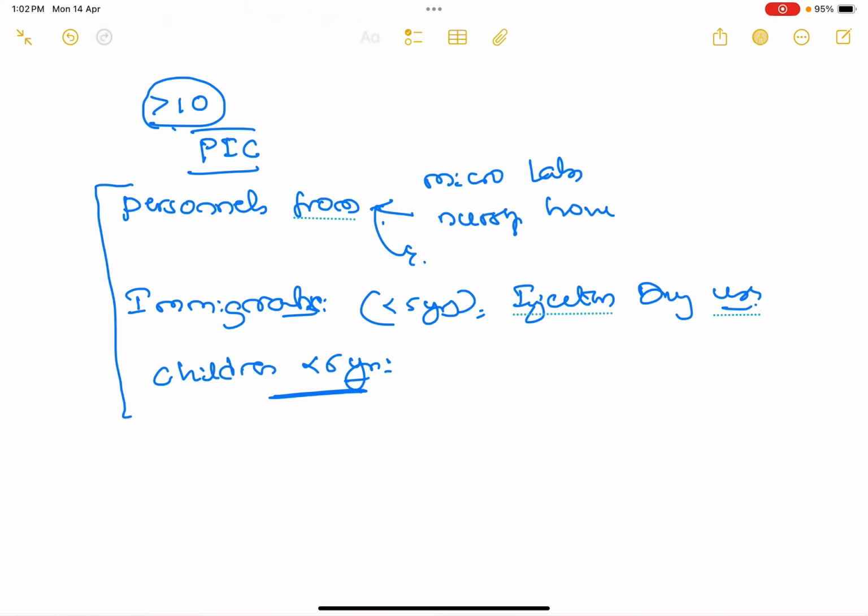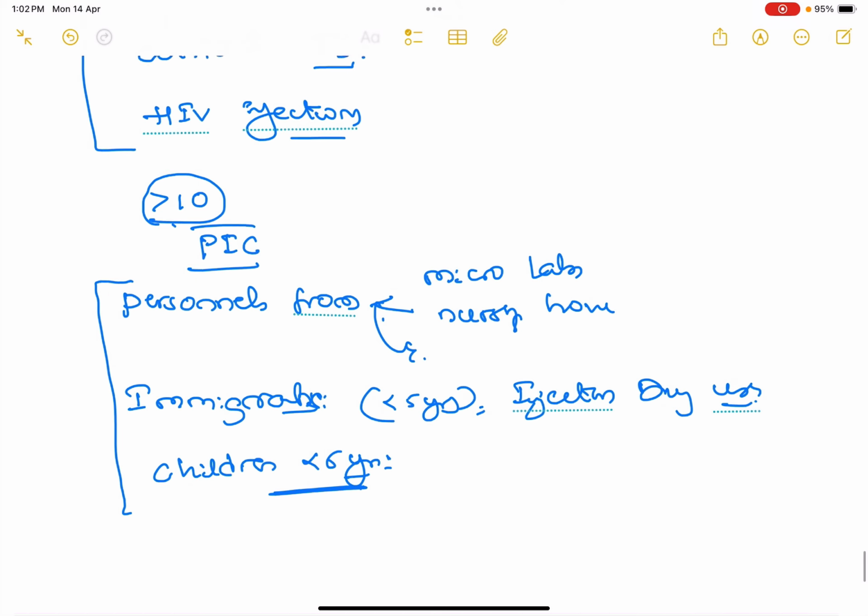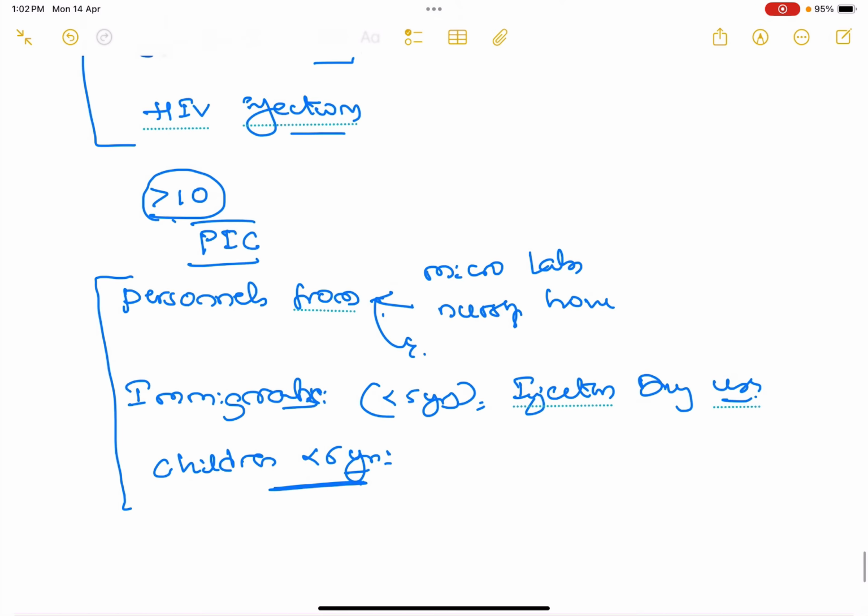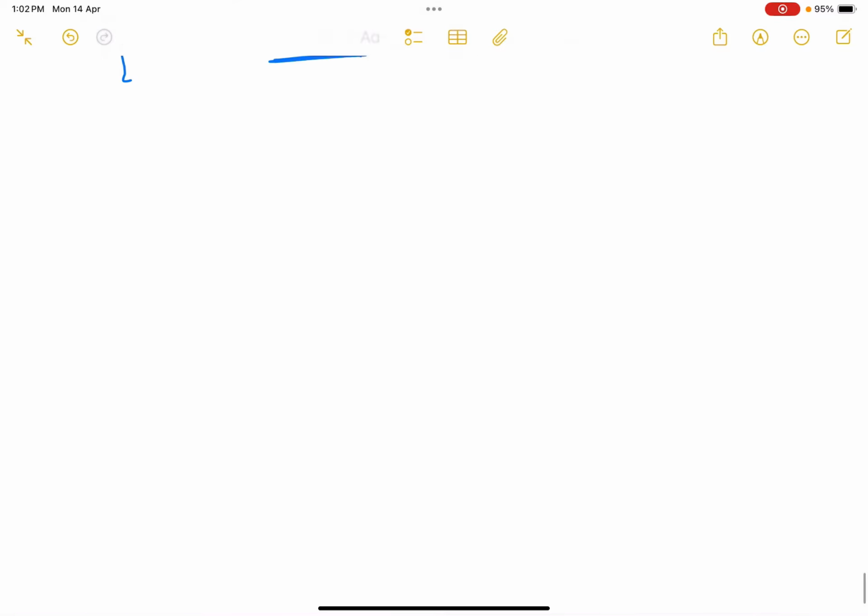So you know the indications now. These tests, TST and IGRA, are not necessary in certain conditions. What are those conditions?